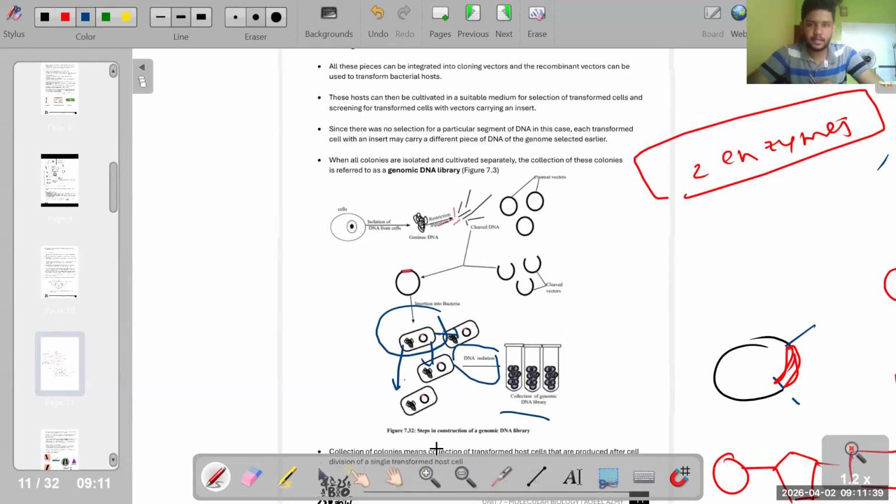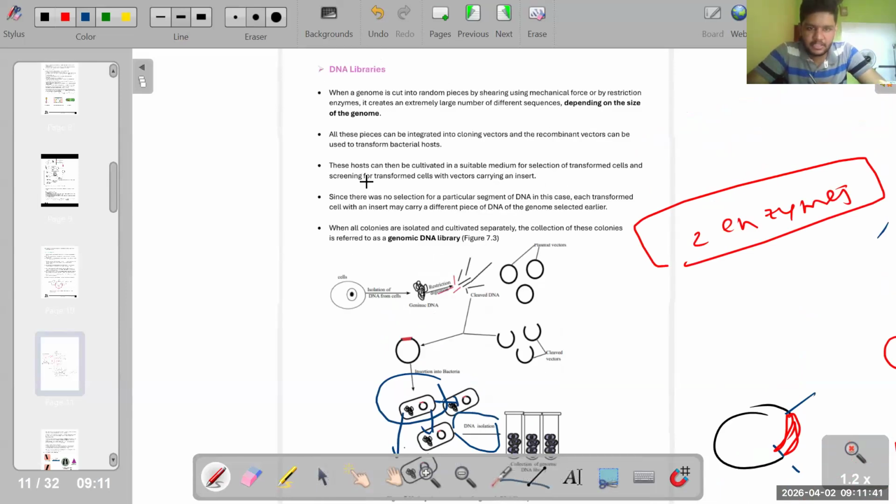Right. See, these hosts can then be cultivated in a suitable medium for selection of transformed cells and screening of transformed cells with vectors carrying an insert. Now they are saying we can separate the transformed cells with vectors from non-transformed cells by cultivating in a suitable medium.